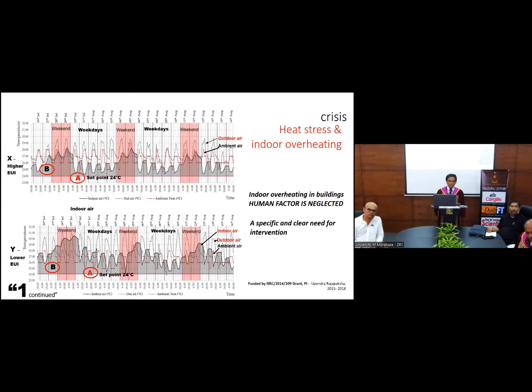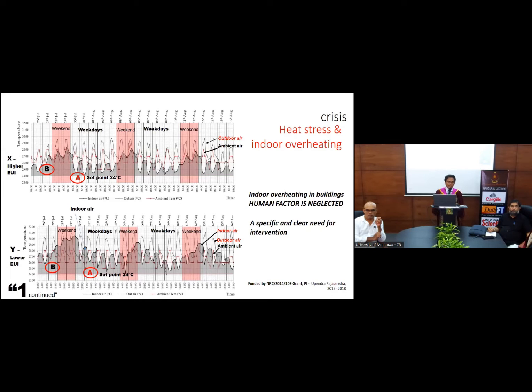In both categories, you can see the set point temperature is 24 degrees centigrade, but the internal temperature is shown in the shaded areas. Internal temperature is not close to 24 degrees centigrade. Internal temperature moves well above the set point temperature.